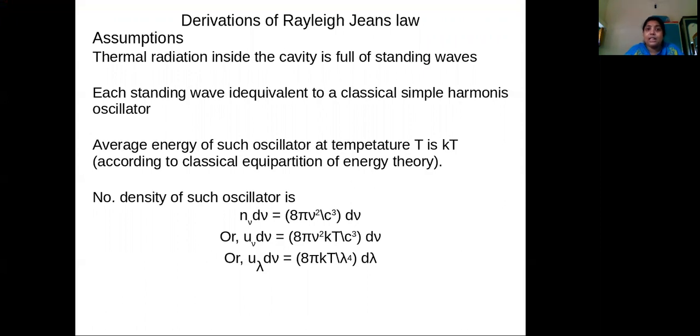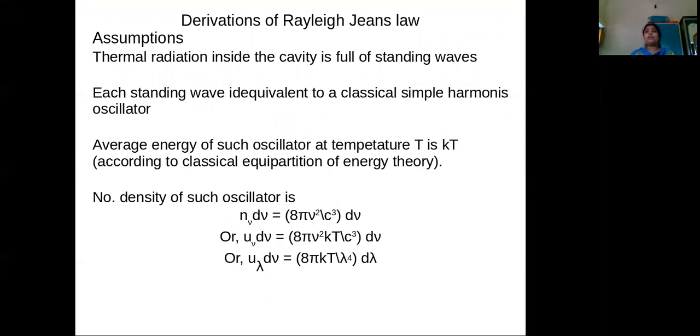The next point: each standing wave is equivalent to a classical simple harmonic oscillator. That is the catch. A classical simple harmonic oscillator was the assumption of Rayleigh-Jeans. So he assumed them to be classical simple harmonic oscillators and took the average energy of such an oscillator at temperature T to be kT.